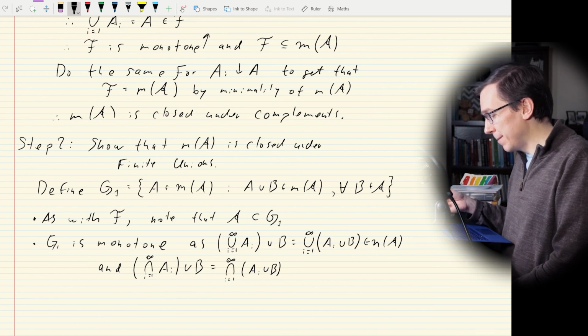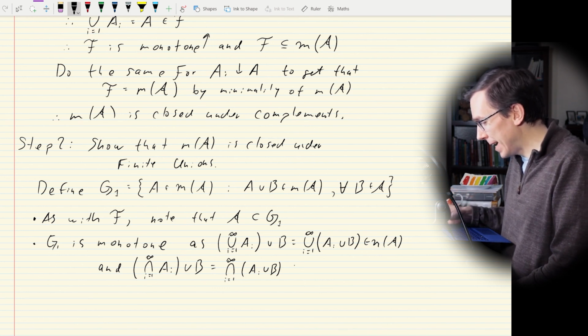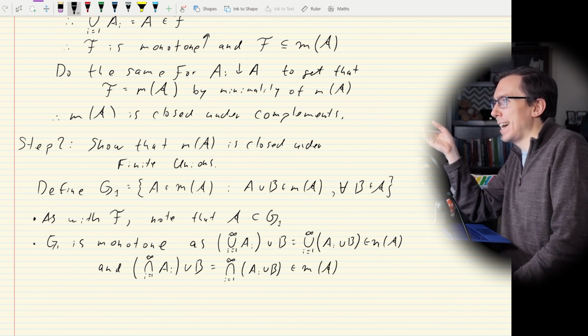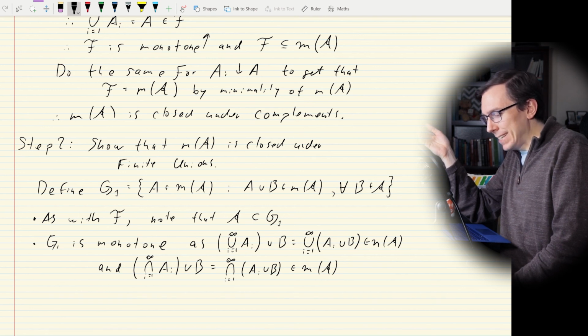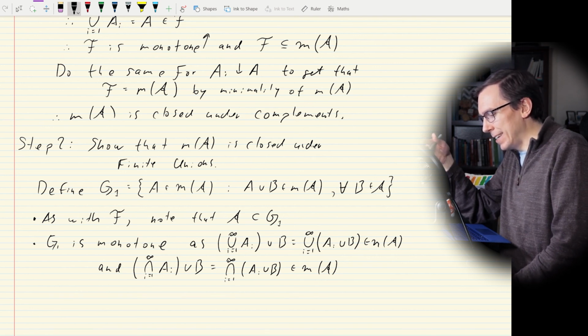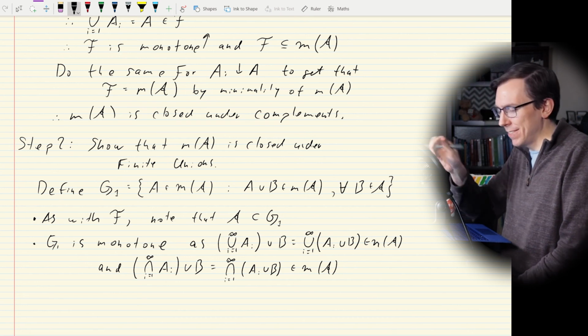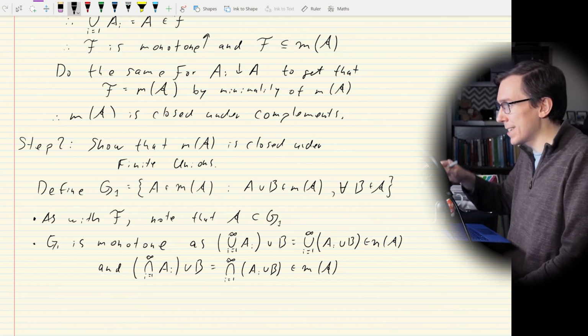And because M_A is a monotone class, we know that this thing is also in M_A. So simply what we're saying here is that G1 contains the union of the A_i's. It contains the intersection of the A_i's if the A_i's are increasing or if they're decreasing.